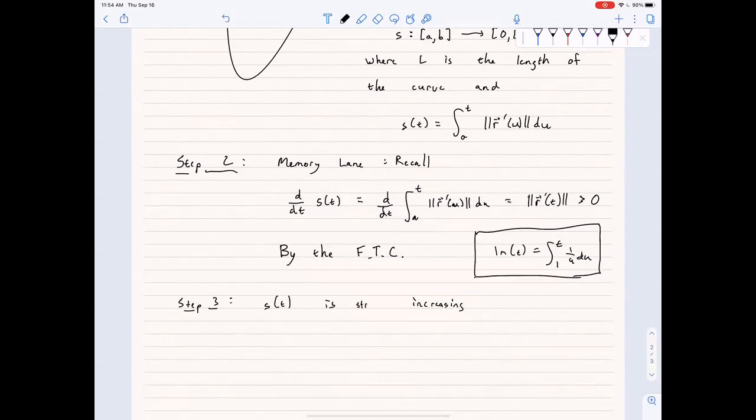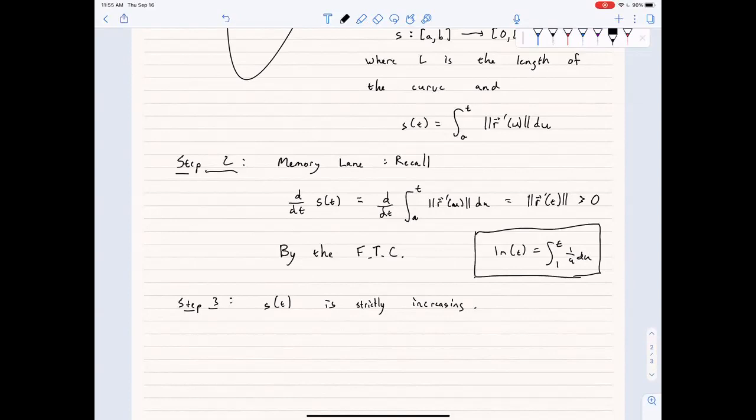Now, what do you know about strictly increasing functions? Well, they're increasing, sure. But you also know that they satisfy both tests.